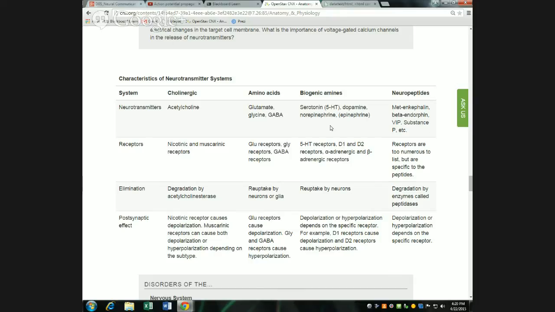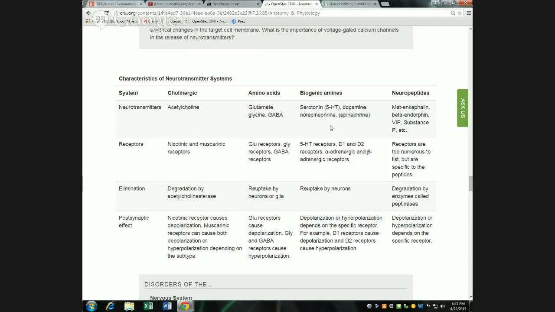Okay. And then norepinephrine is a chemical that's also known as noradrenaline. And then in parentheses there I have the word epinephrine, which is also known as adrenaline. Epinephrine and adrenaline are just the Greek and Latin versions of that name.